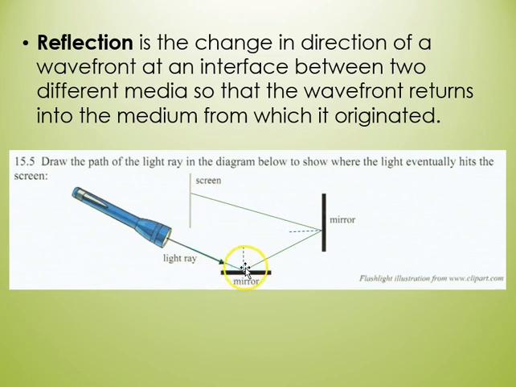So this is the process of reflection. And when it does change direction, it changes direction at a point where there is a perpendicular to the surface that it is reflecting off of.